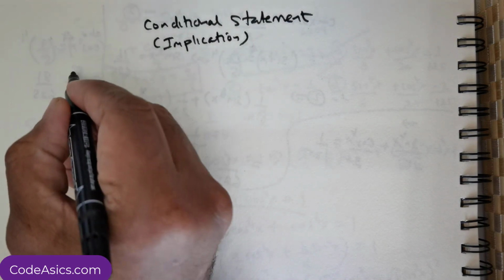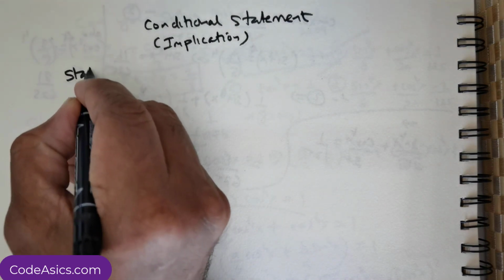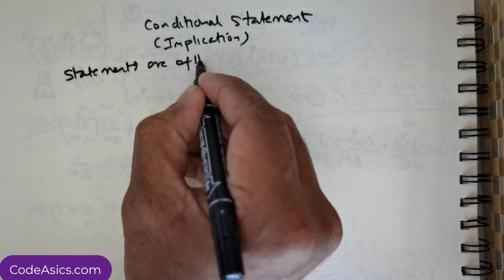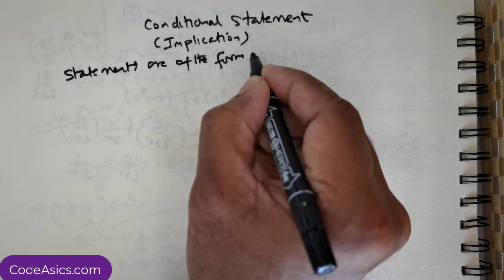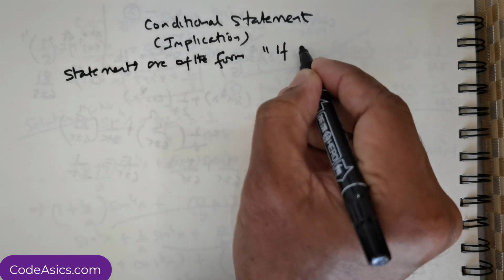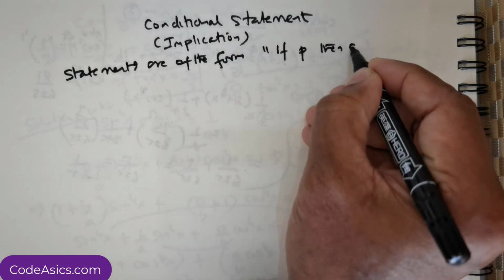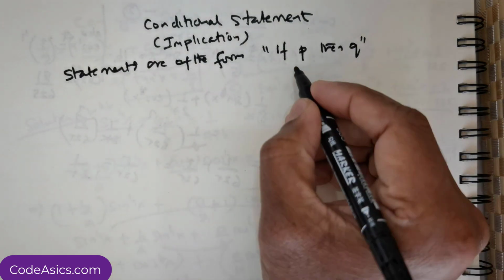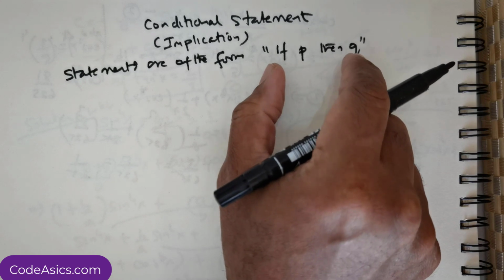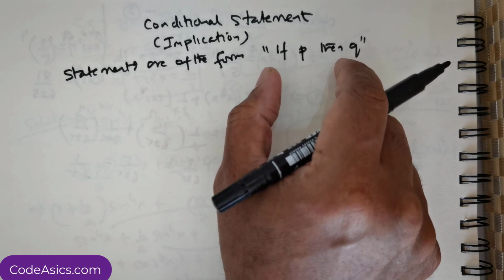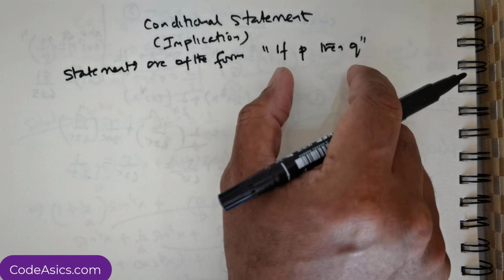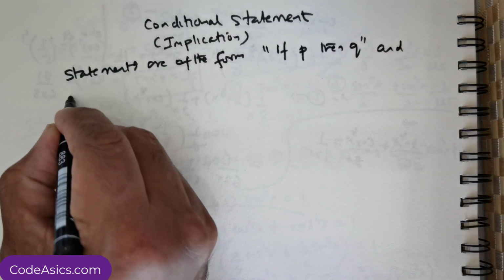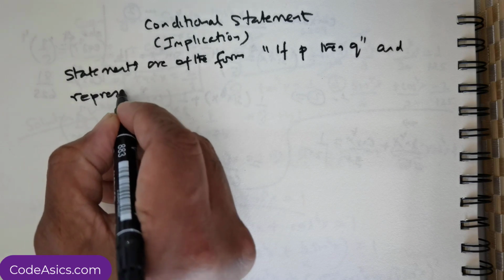And the statements are of the form if P then Q. Now the most important aspect here is to understand how exactly this is obtained. In other words, how the result can be extracted from a statement such as this. And more so, it is represented in the following manner.